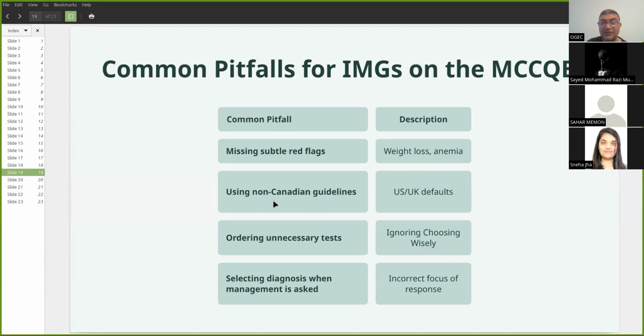Another pitfall is using non-Canadian guidelines. The figures may differ between US or UK guidelines and Canadian guidelines. Canadian guidelines have their own figures and definitions, for example in screening. In the United States, for colon cancer, they do the colonoscopy from age 50.